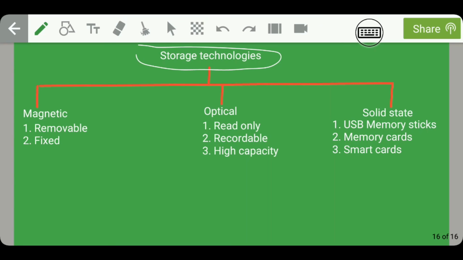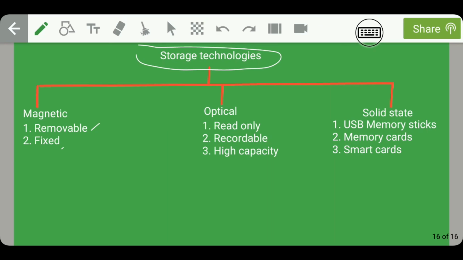Further, magnetic storage devices can be classified into removable storage devices and fixed magnetic storage devices. The examples of removable magnetic storage devices were magnetic tape and magnetic disk, whereas the example of fixed magnetic storage device was the hard drive. The feature of magnetic storage devices was that the data is saved in magnetic dots.